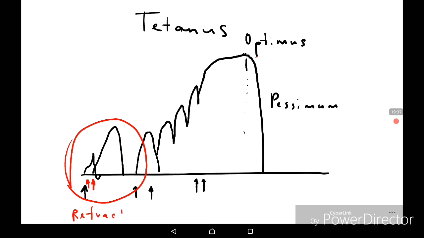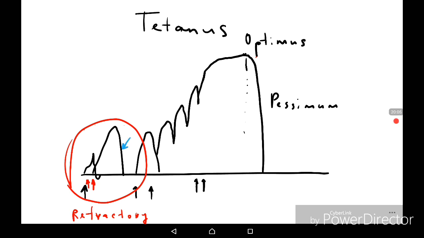If we increase the frequency even more, the new stimulus will hit at the refractory period. At that point, the muscle will not be able to contract and will completely relax. So, repeat it again.